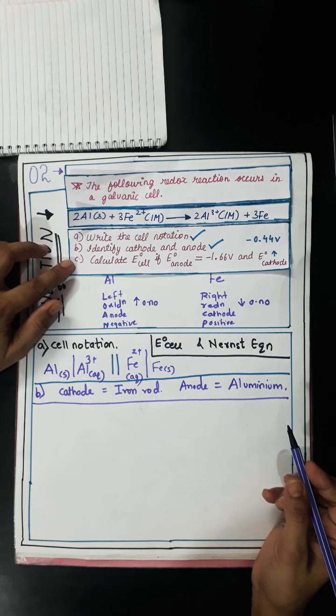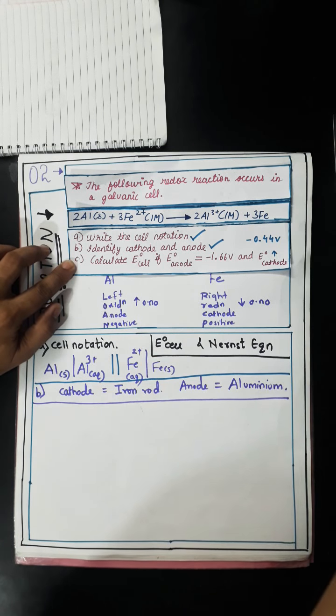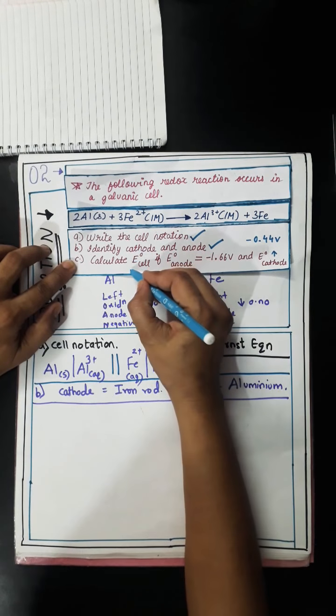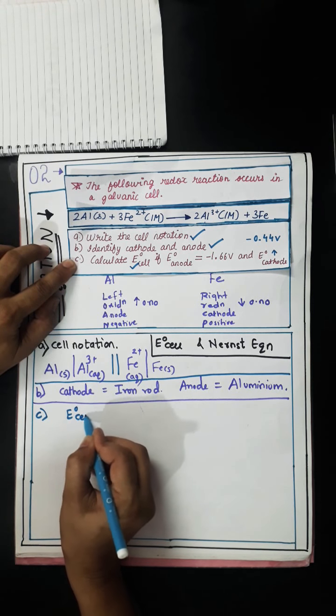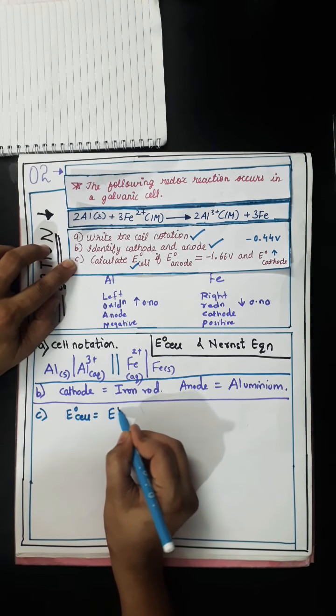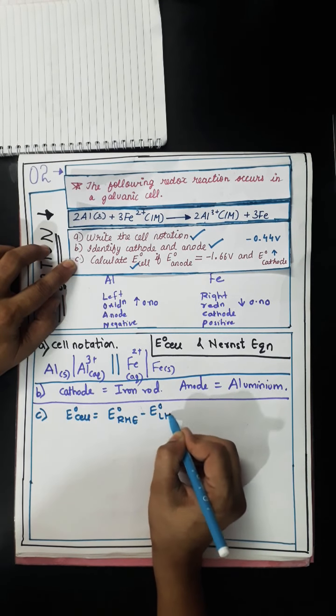We move on to the C part now, and the C part is calculate E naught cell. Friends, we'll go step by step. E naught cell is equal to E naught RHE minus E naught LHE.